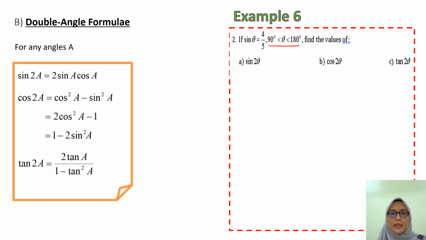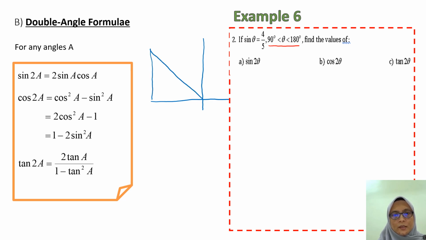Okay, so kita akan draw kita punya diagram dulu untuk dapat dia punya value for the side dia. Okay, so this is theta. Okay, so sine is opposite is 4, hypotenuse is 5, so adjacent is negative 3. Because this is negative x-axis.